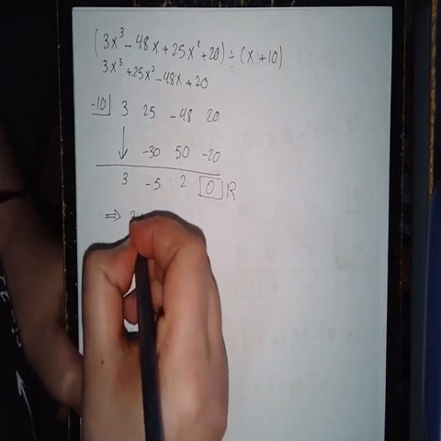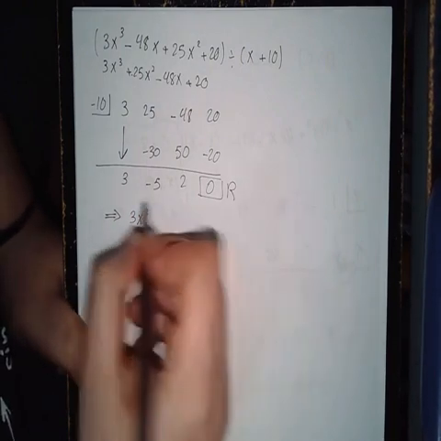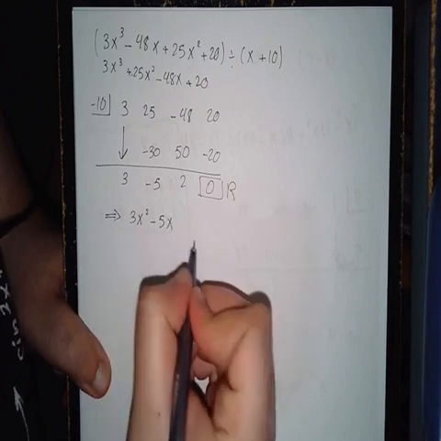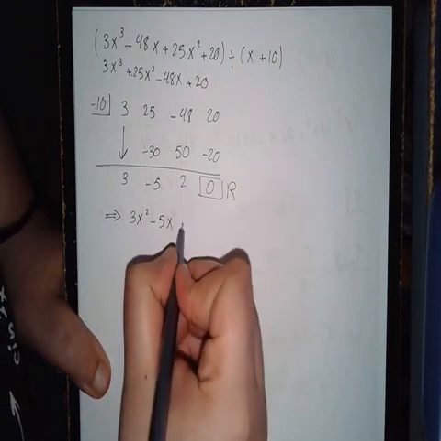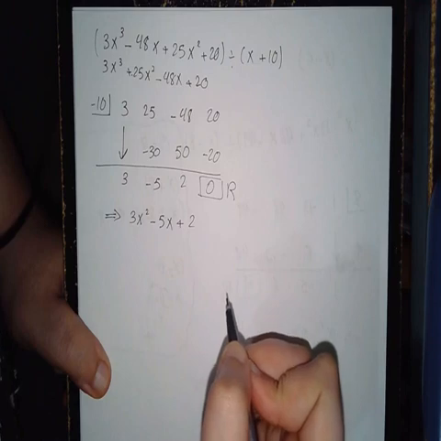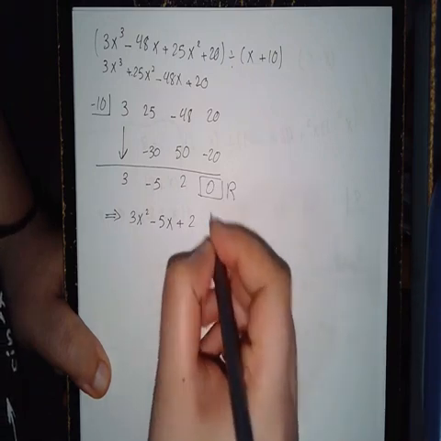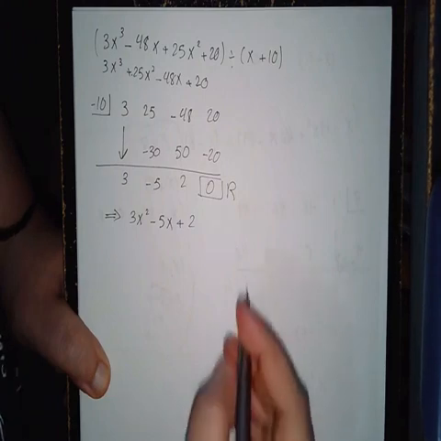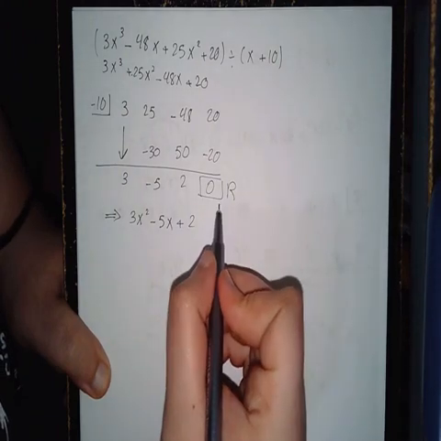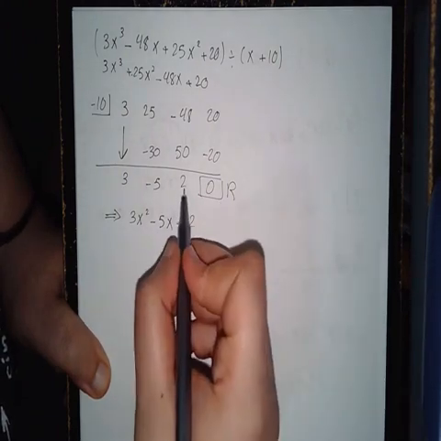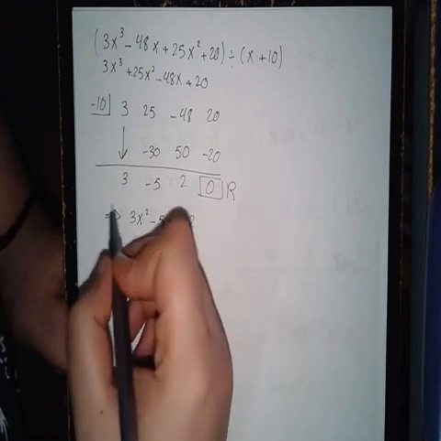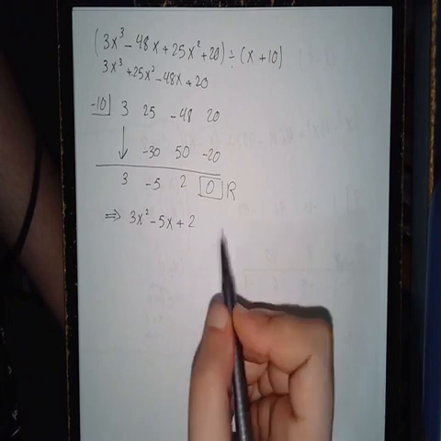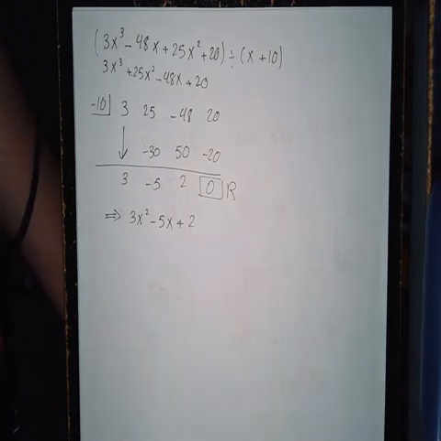So this is 3x squared. Next one is going to be x to the first. So minus 5x. And then you add the number over here. So 2 plus 0 since it's not there. So that makes this your answer. And if you do it from the right side, it's going to be 0. So it doesn't matter. Then 2 minus 5x and then the positive 3x squared. So same answer. Alright?